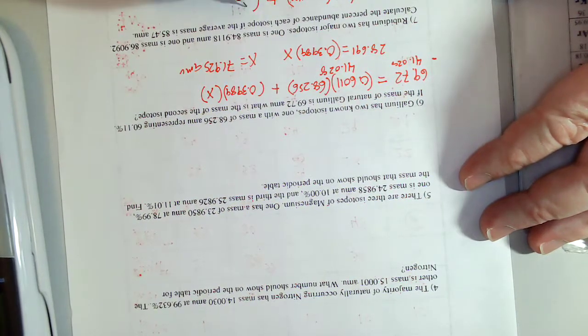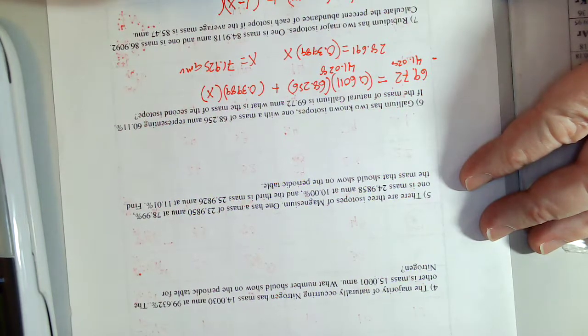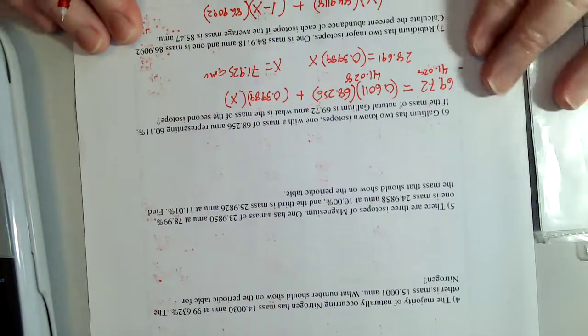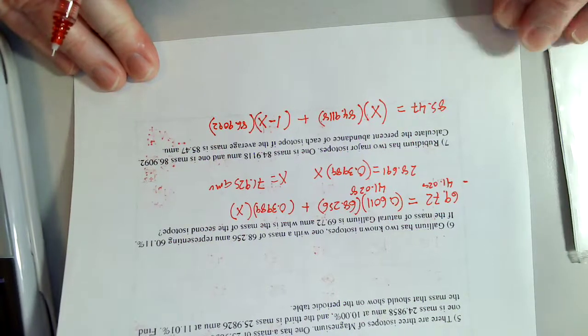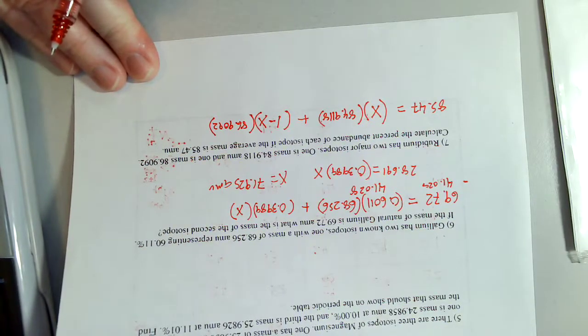Now the other percentage is 1 minus X times 86.9092. And then you can go through and solve that algebraically. And I want to leave a little bit of this for you to try and do on your own.